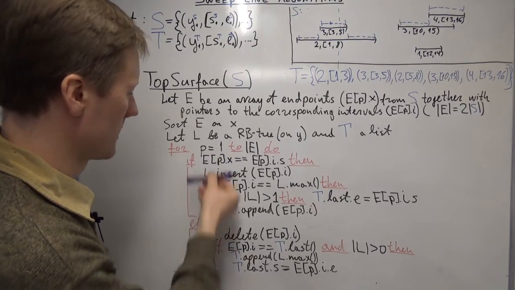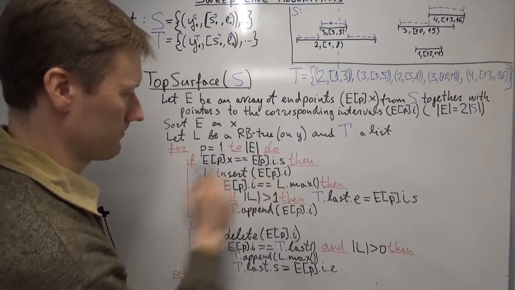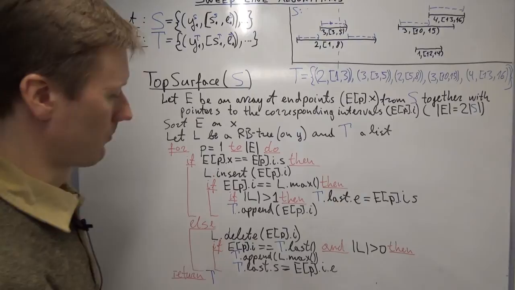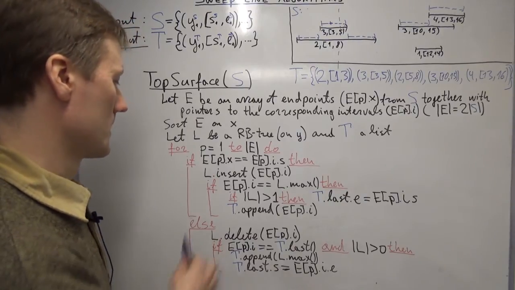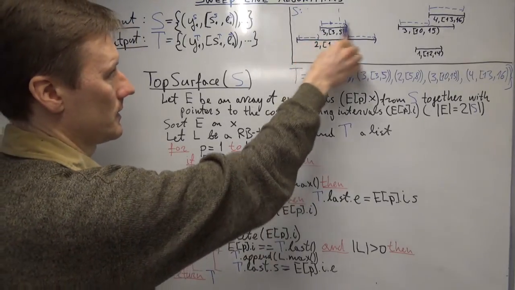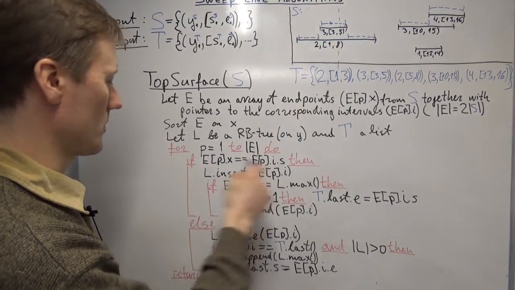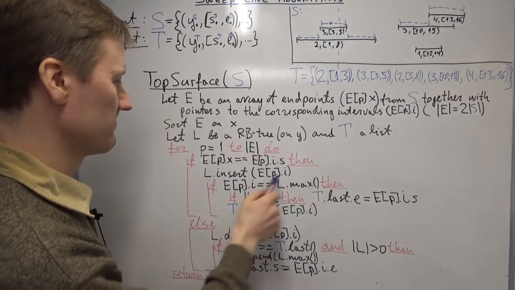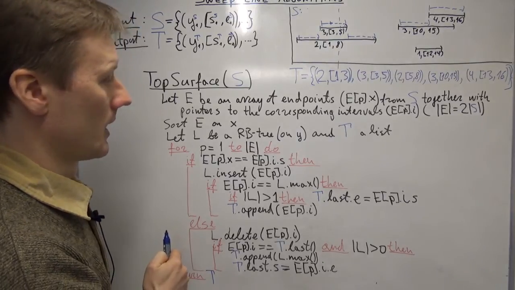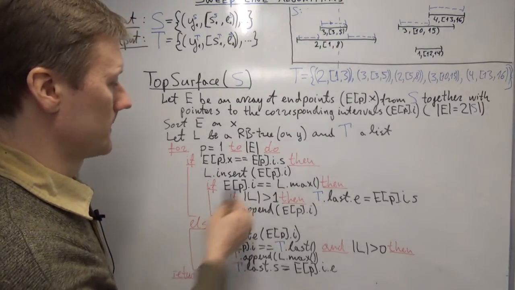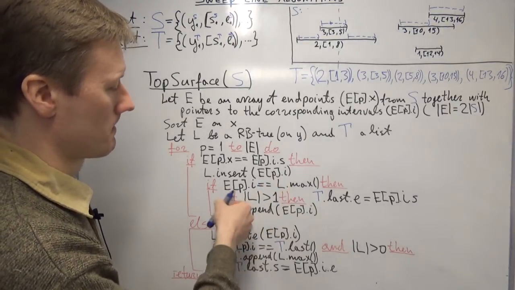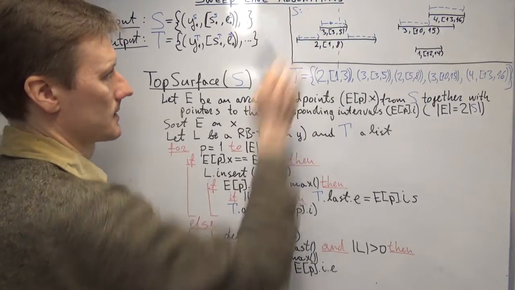We have two cases. Either this is a starting point or else it's an ending point of an interval. If it's a starting point, we insert the interval into the sweep line status data structure L, and then we check whether this is now the topmost interval in the sweep line status or not.